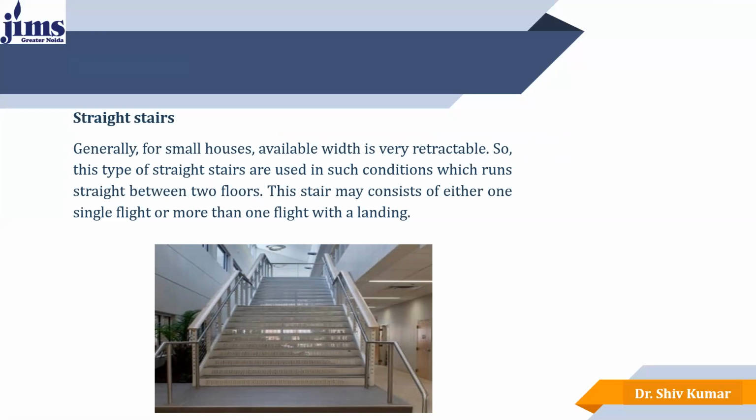This stair may consist of either one single flight or more than one flight with a landing. So this is known as the flight, and this is the landing. Here you can see in that image, after that landing, another flight is started. So this is about the straight stairs.